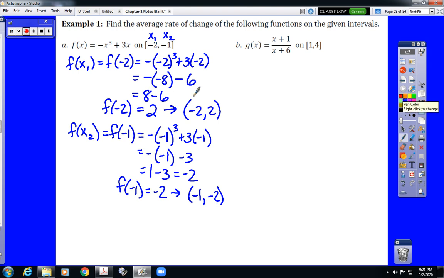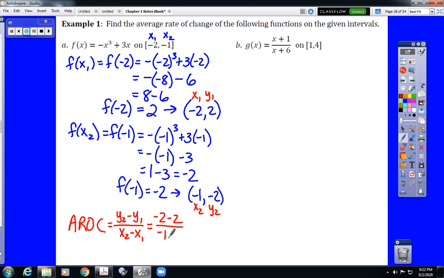Okay, again, from there, x1, y1, and x2, y2, and then all we have to do is find the average rate of change on that interval, which would be y2 minus y1 over x2 minus x1, or -2 minus 2 over -1 minus -2. That is -4 over 1, or -4.